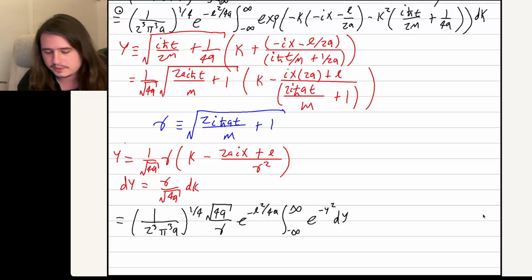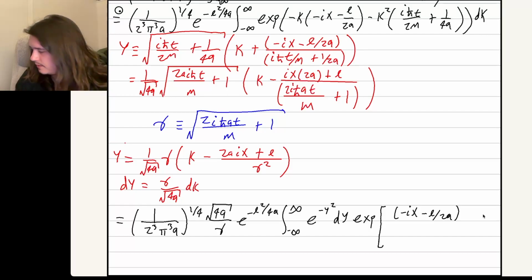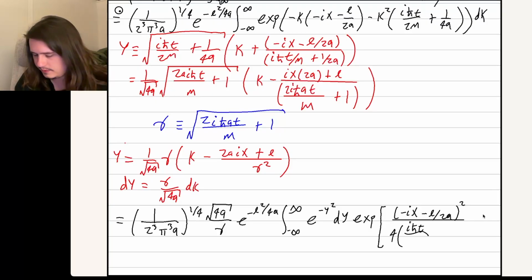I guess the integral isn't that weird, but what's left over is this ugly looking term, which is minus ix minus l over 2a, all that squared, and then over 4 times i h bar t over 2m plus 1 over 4a.